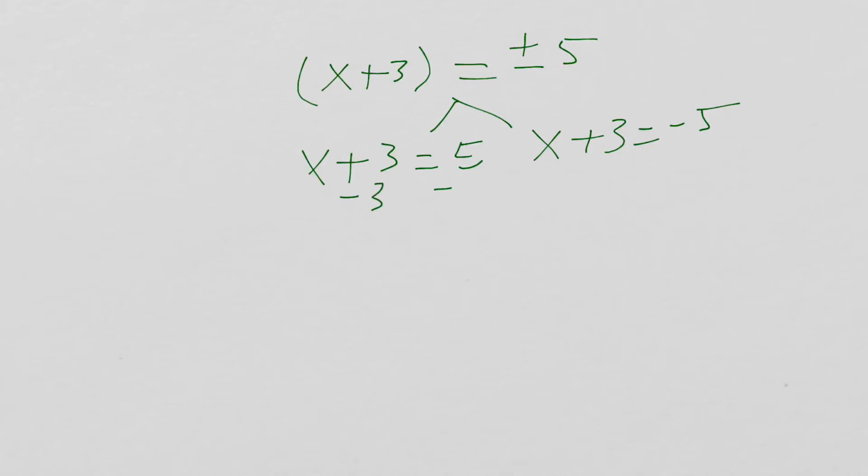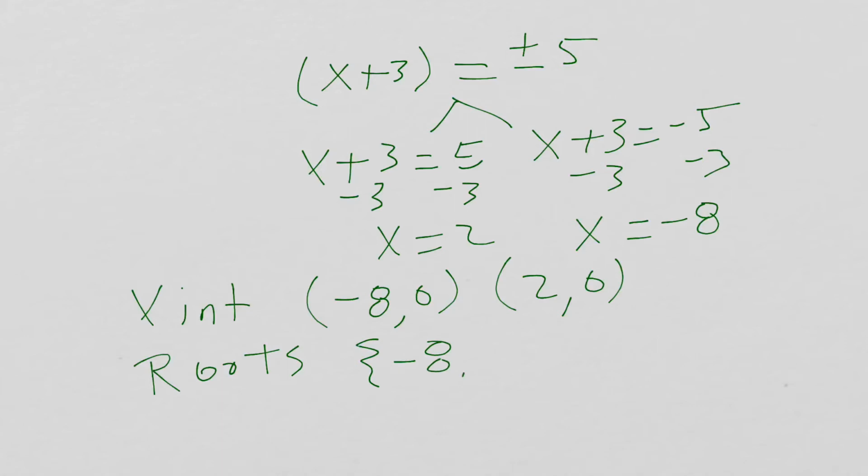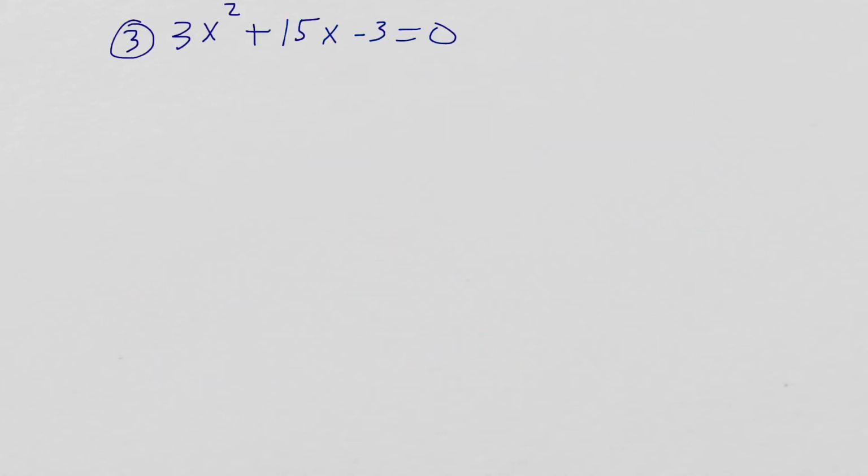Zero pair out the 3's. X is equal to 2. X is equal to negative 8. So the x-intercepts are going to be negative 8, 0, 2, 0. The roots are going to be negative 8 and 2.